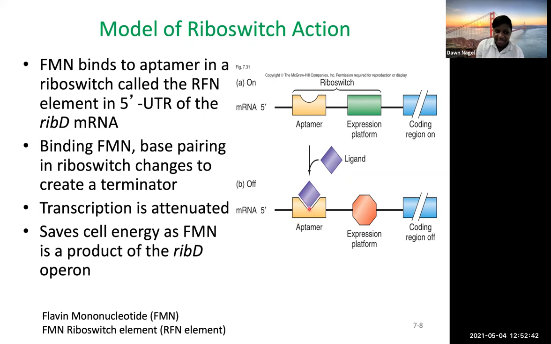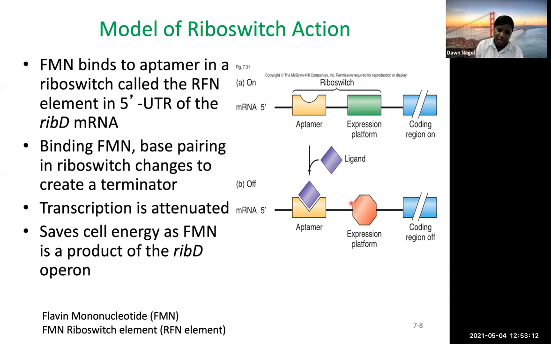When it binds to this aptamer, it's able to somehow change the downstream region, this expression platform, into a different type of shape, okay? And because it's able to change this shape, this entire 5' UTR region gets altered. So the binding of polymerase to this region gets affected, okay?